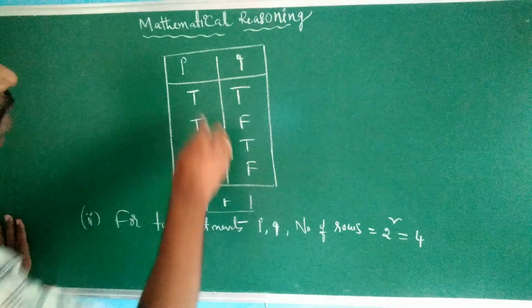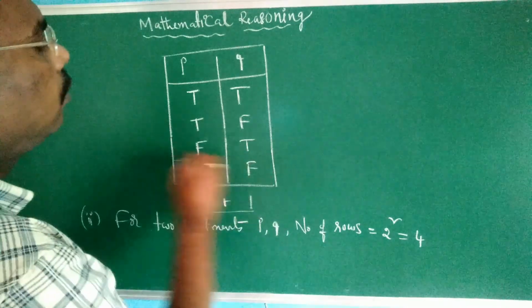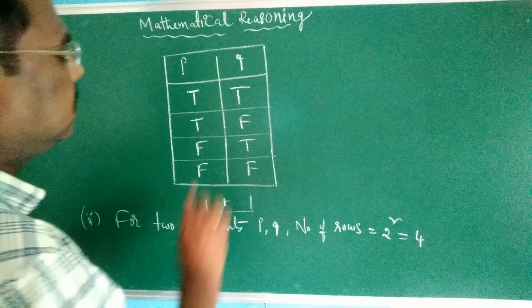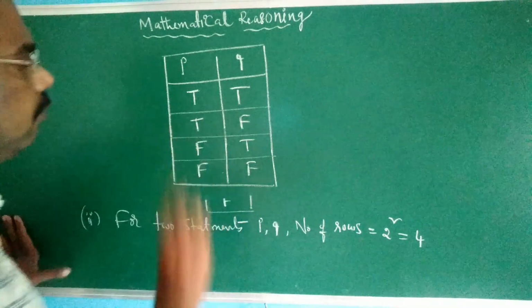Number of rows 1, 2, 3, 4. Two statements P and Q are given, therefore the number of rows is equal to 4.